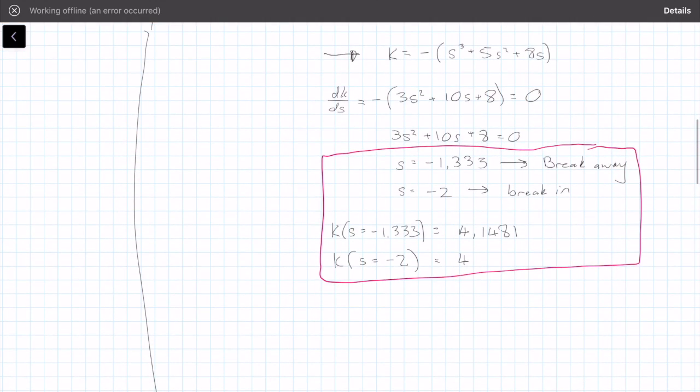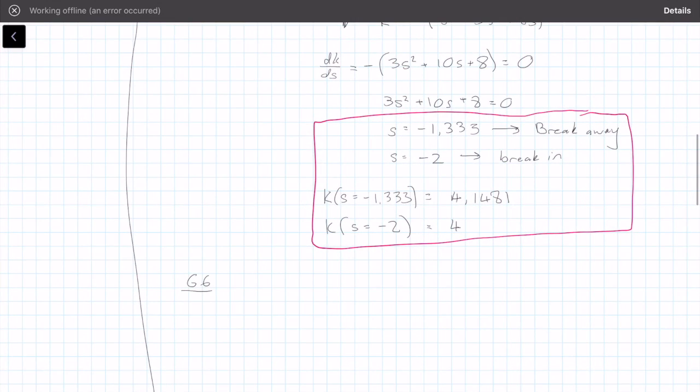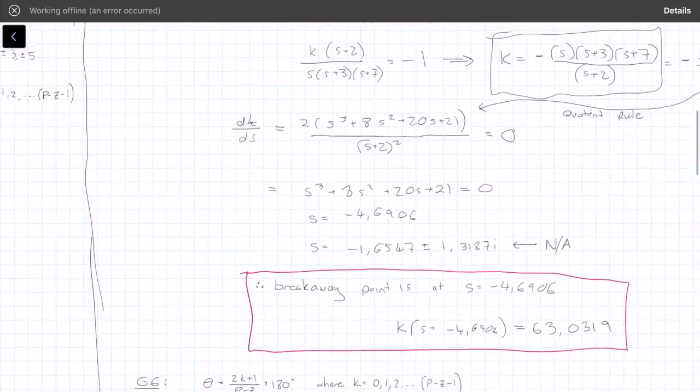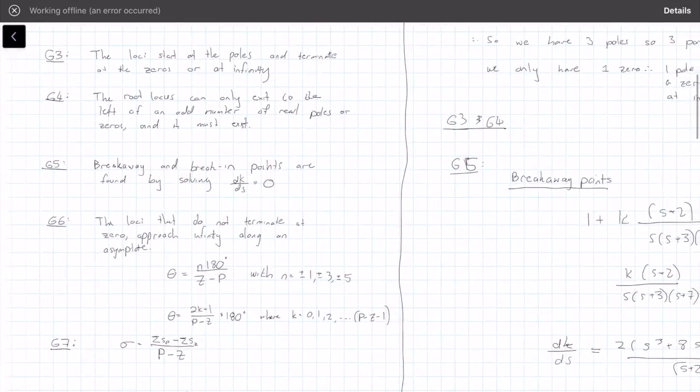Guide 6 has to do with our asymptotes. So which equation are we going to use? Let us go and see. We've got two options. It doesn't really matter which one. Let's pick the second one.